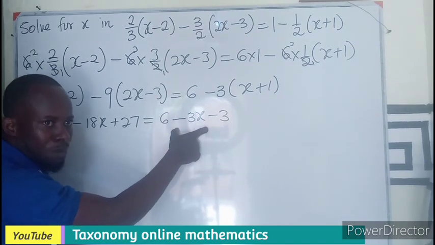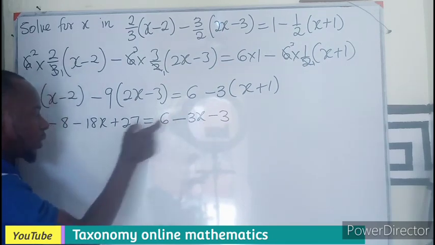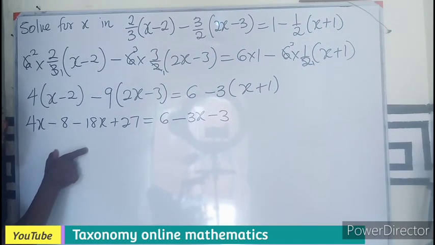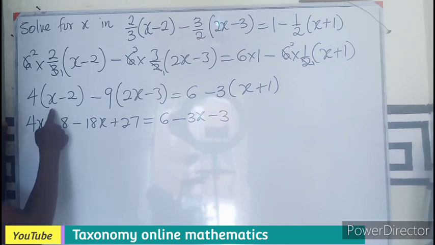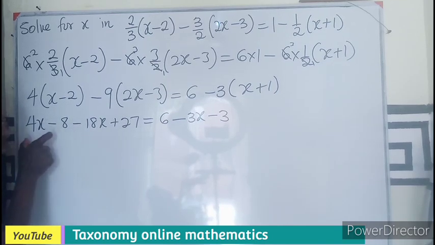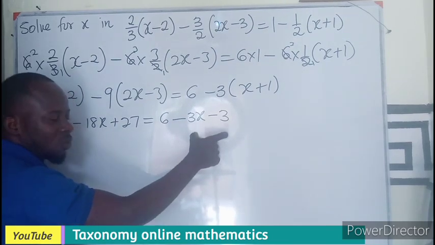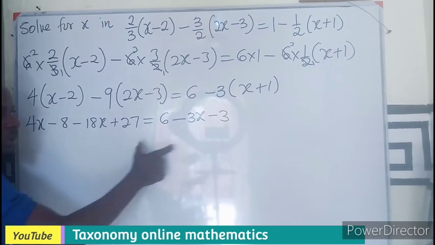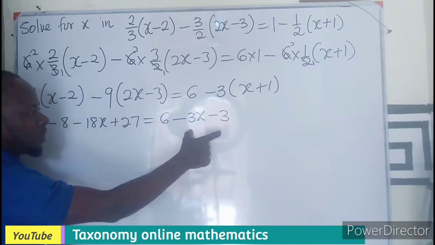Adding 3 makes this 0. This is minus 8. I want to eliminate minus 8. Therefore, I have to add 8 to both the left and the right. So 8 will be added here to give it 0, and it will appear at the right.